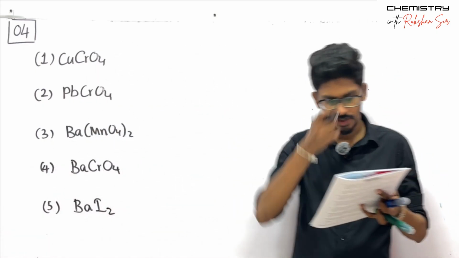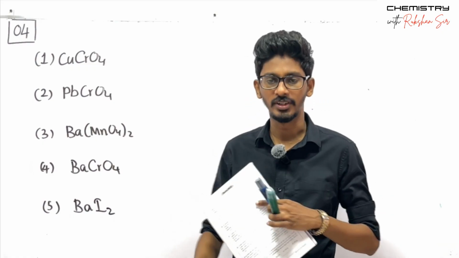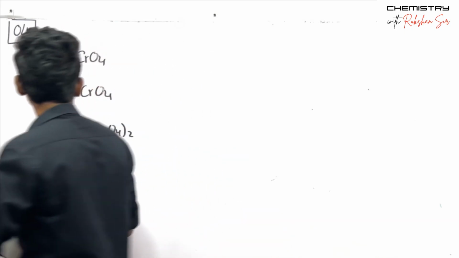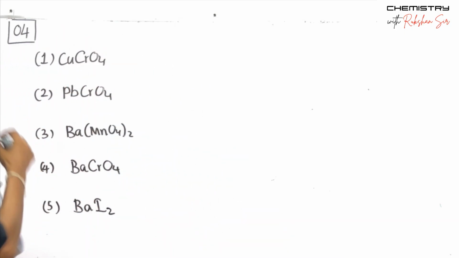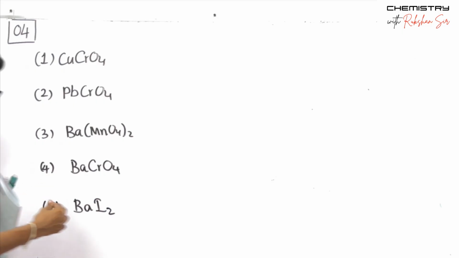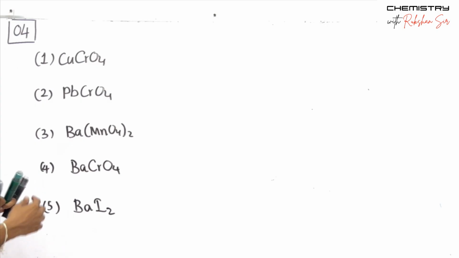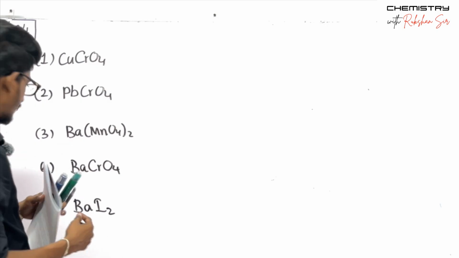The inorganic salt X won't dissolve in water. Now my barium chromate won't dissolve in water, but which chromates won't dissolve in water? Let's discuss the precipitation patterns a bit.